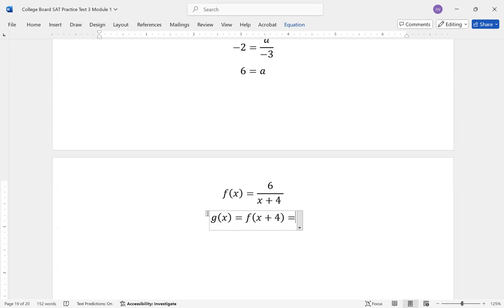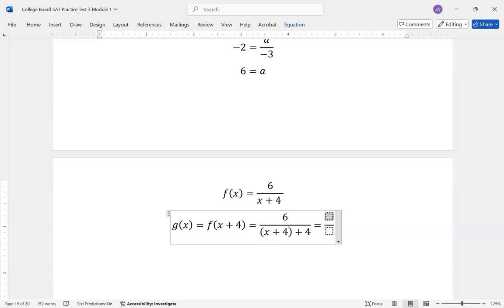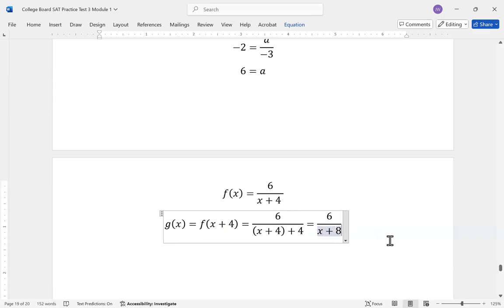And when I plug in x plus 4 into my f of x, I just replace this x with an x plus 4. Let me state that a little bit clearer. Replace the x with x plus 4. And so that becomes 6 divided by x plus 8. So that's what g of x is.